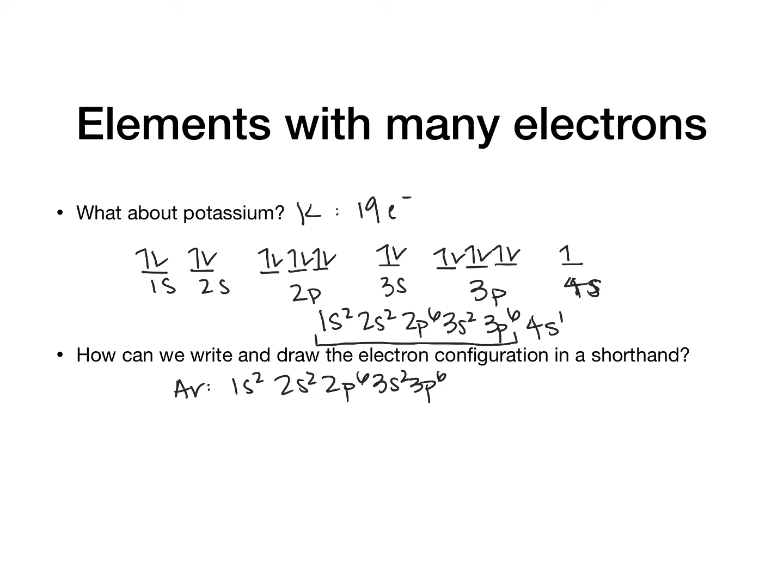What is really different is that we have argon as the inner shell, and then we have the 4s1, and so this is potassium. You could also write this as argon, 4s1, 1 electron for potassium. And so you can do this for any of them. It needs to be the noble gas of the previous shell.